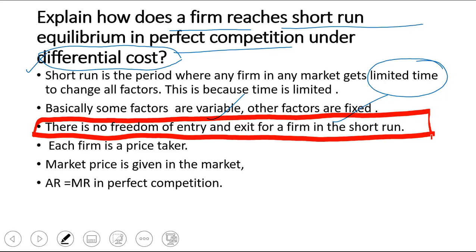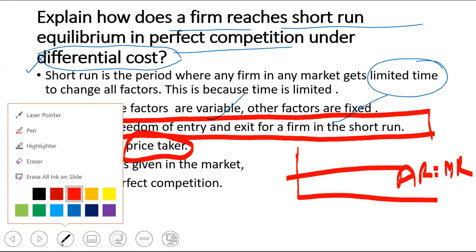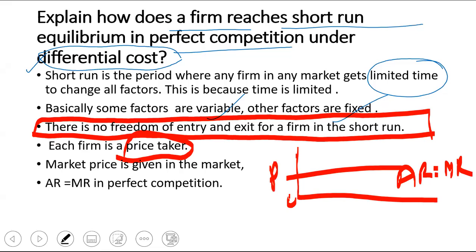You have studied that in perfect competition each firm is a price taker. Do you know the meaning of price taker? Whatever price is in the market, you have to take it; that is price taker. You have to accept the price that is in the market. AR is equivalent to MR. This is OP.